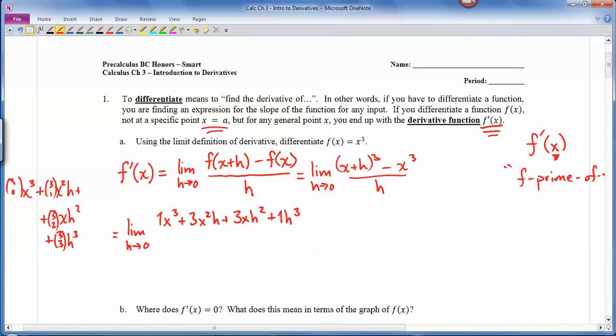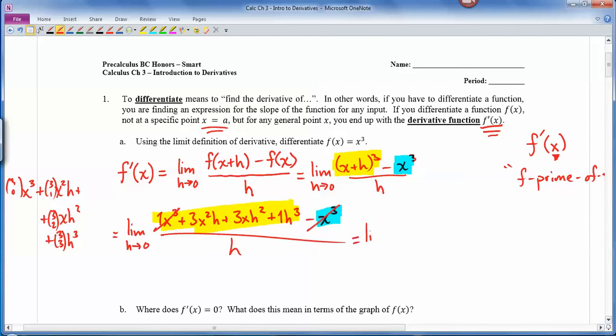So that's this part here, and then the minus x cubed just stays the same, all over h. Now if you look at it, we've got 1x cubed here and negative x cubed there.